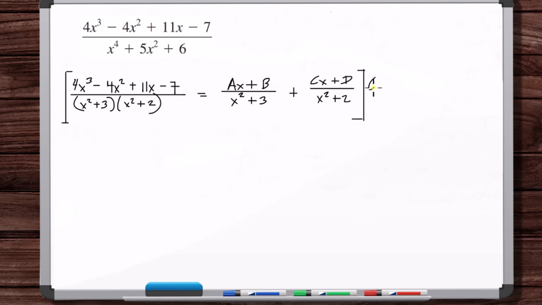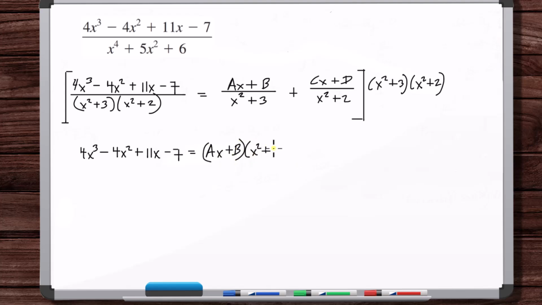Multiply by the least common denominator. So we've got 4x cubed minus, all right, plus cx plus d.